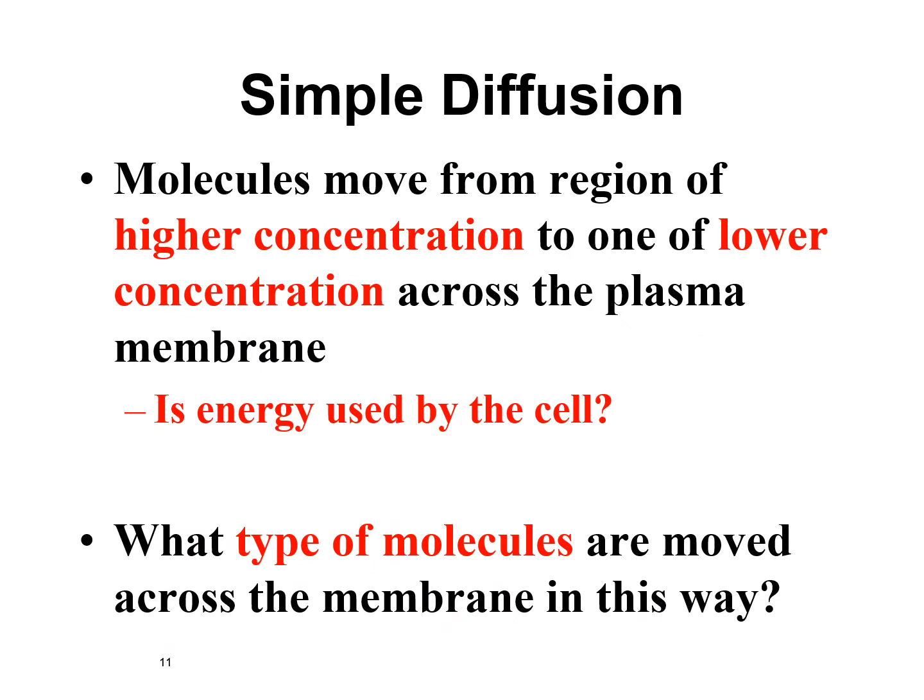All right, so simple diffusion, our first method of membrane transport. It's passive because molecules are going to go from high to low concentrations. So you're going to be going down the concentration gradient, and you don't need any energy to do that. The type of molecules that can move through the membrane by simple diffusion, there's no transport protein used.